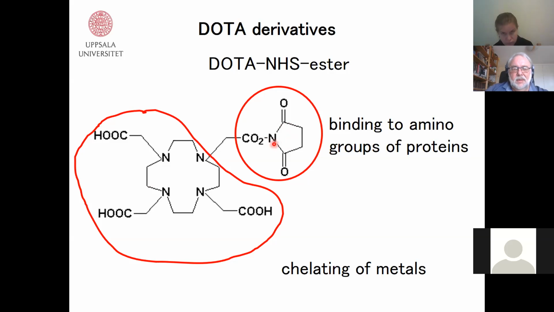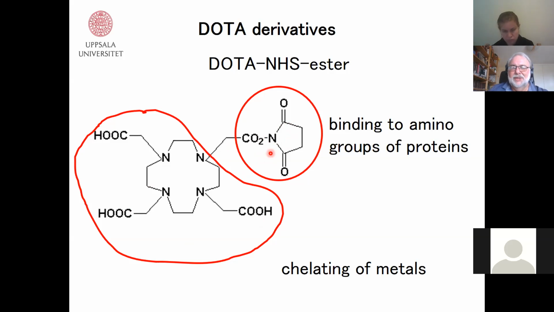In solution, in alkaline condition, an amino group attacks this carbon, and it leads to formation of an amide bond, which is stable between the chelating part and the amino group on the targeting protein.